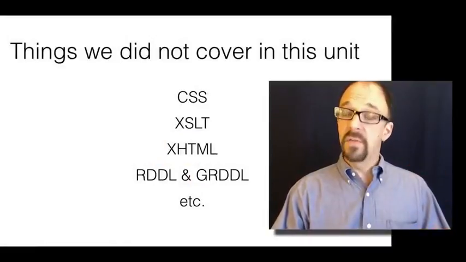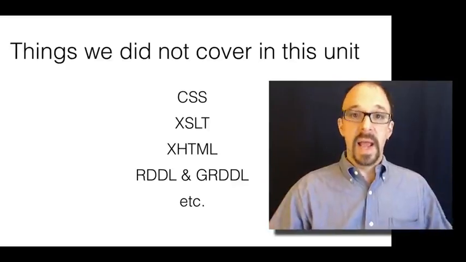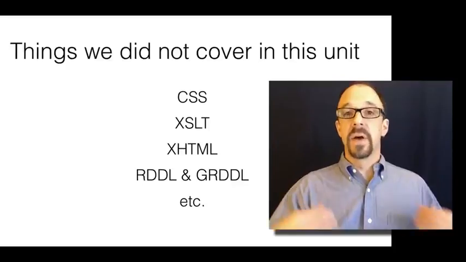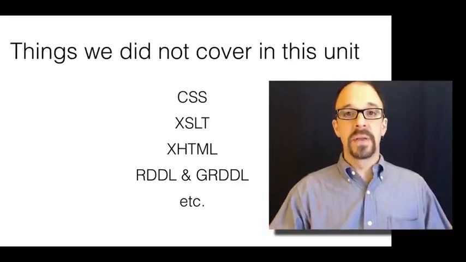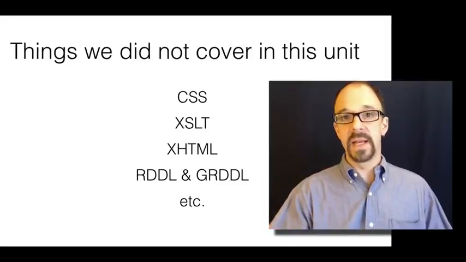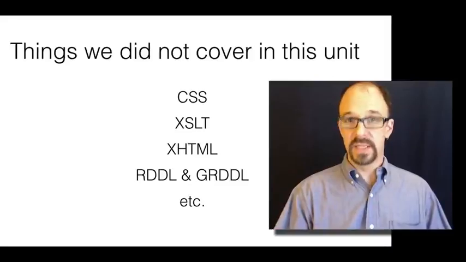There is a whole world of technologies that we did not talk about in this unit. A lot of the technology of the web is built on XML, and let's face it, the web is a pretty big place, right? We did not talk about cascading style sheets, which allow you to add formatting and display information to an HTML or an XML document.